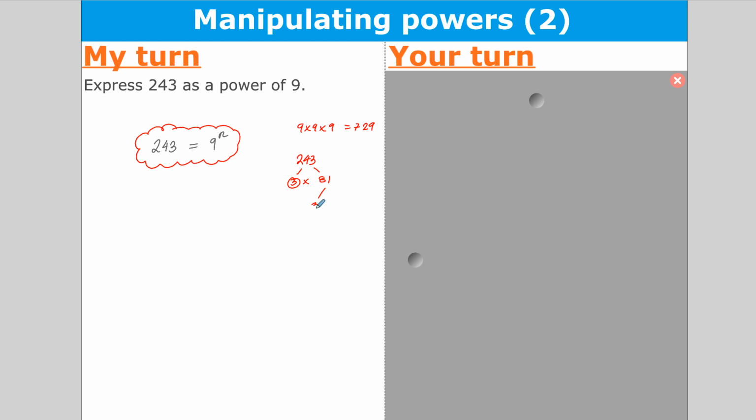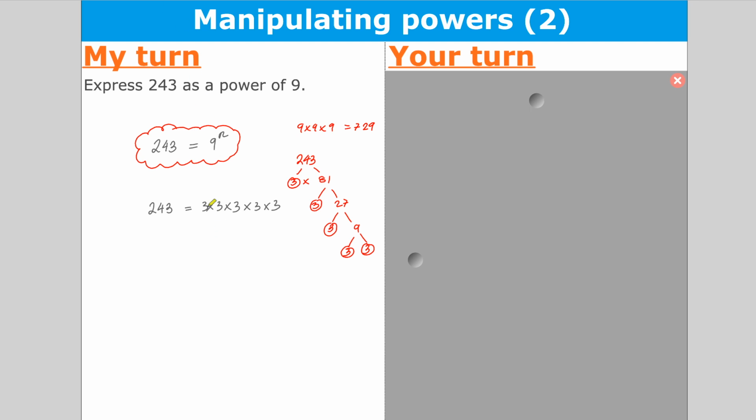And we can break 81 as 3 times 27. And we can break 27 as 3 times 9. And we can break 9 as 3 times 3. So we kind of knew that from previous, but just to make it clear, 243 is 3 times 3 is 9 times 3 is 27 times 3 is 81 times 3 is 243.